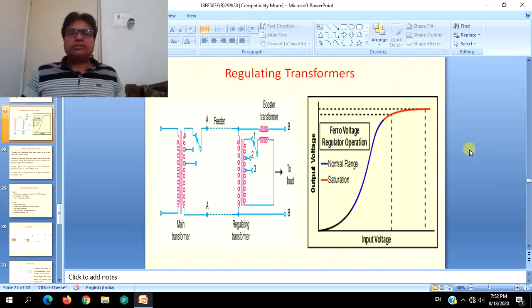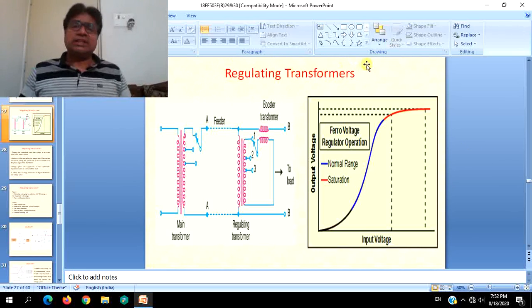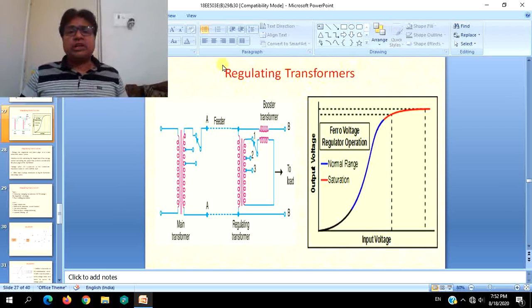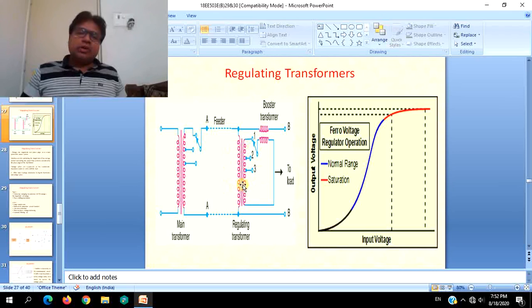The next device is the regulating transformer, or when a transformer is used as a regulator. When a transformer is used to regulate the main power supply to give to the load, again, it is nothing but a transformer with a 1:1 or just above 1 transformation ratio, where certain tappings are provided on its secondary.